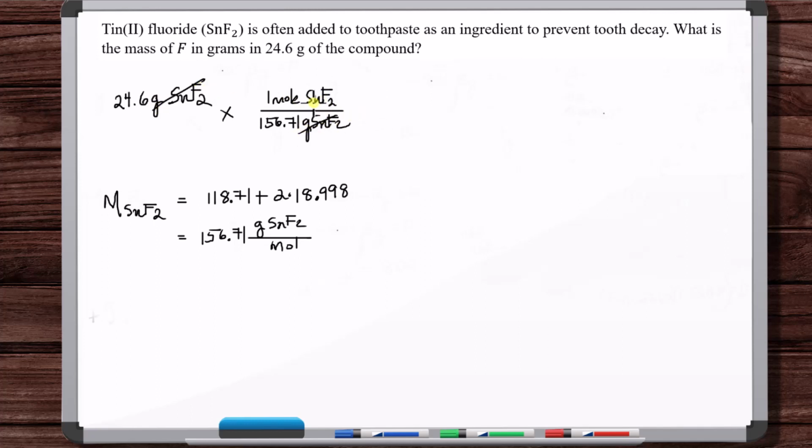So now we've got the moles in this 24.6 grams of the compound.